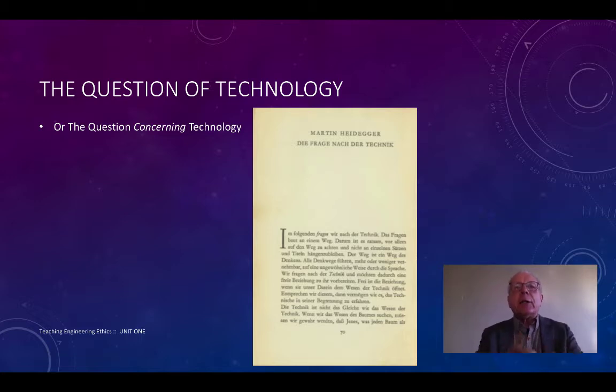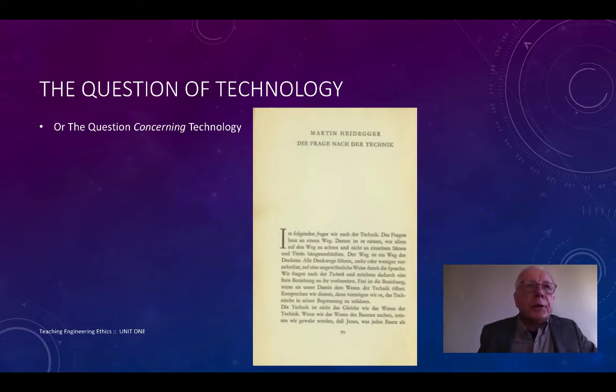So the question concerning technology, to use Heidegger's better phrasing, applies both to the understanding of the power and the force and the reliability and the unpredictability and so on of the actions that we take through engineering and through technology, but it also pertains to the question of our character as actors and our ability to be true to our human destiny.